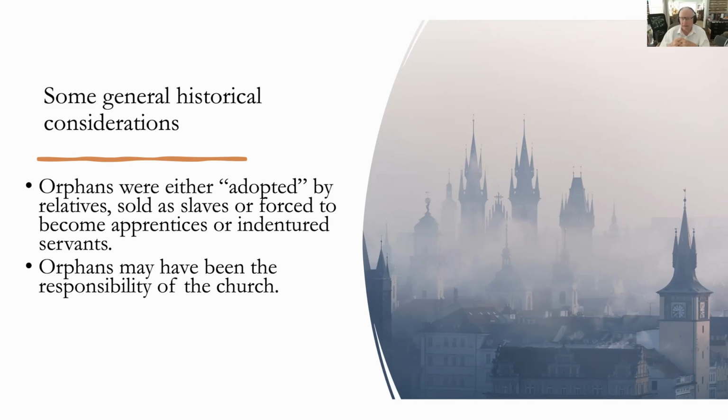And the children were then, in a sense, adopted, but they retained their identity as orphan trained children. And there were tens of thousands of these children that were sent across the country.